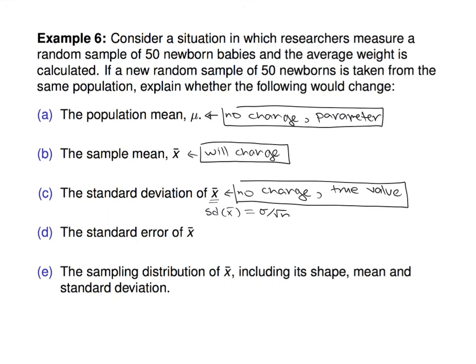The standard error of x bar, this is an estimate of the standard deviation of x bar, and we'll learn in a later lesson that the formula for this, oops, I should say SE, not SD, is S over root n, where S is the sample standard deviation, and as a result, this will change from sample to sample.